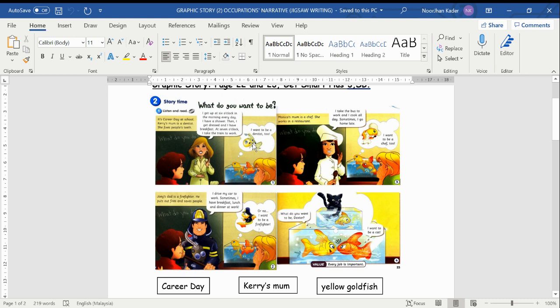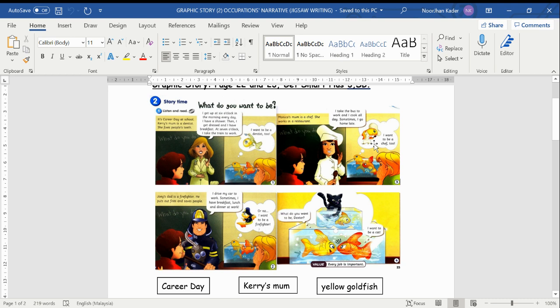I'm not really very keen. Oh, I think the yellow goldfish is holding some dental tools, the tools the dentists use for fixing teeth. And the second one, you can see the goldfish is also wearing a firefighter's costume.